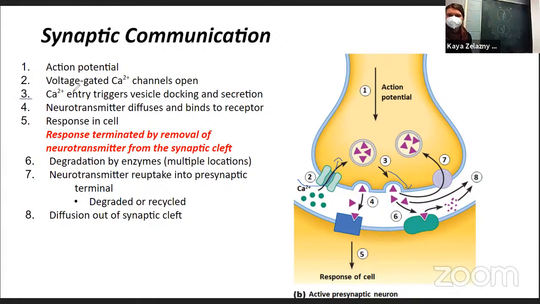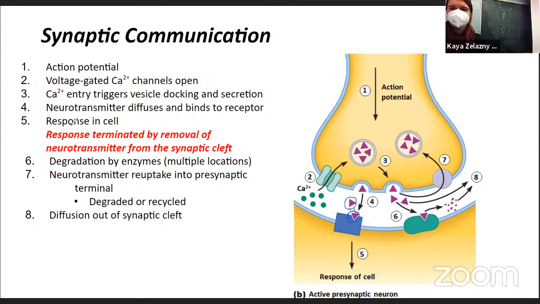In step 3, calcium tells that vesicle to connect to our membrane in the presynaptic axon terminal and deposit its neurotransmitters into the synaptic cleft. So now we have our neurotransmitter, our purple triangle, in the synaptic cleft. We cross the synaptic cleft and we hit our receptor in the postsynaptic cell.